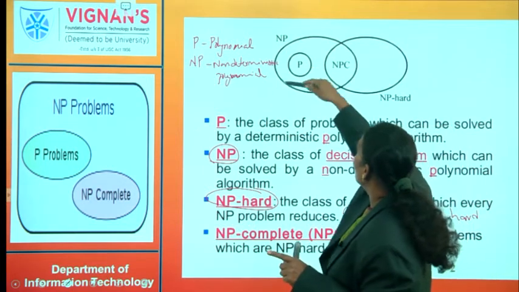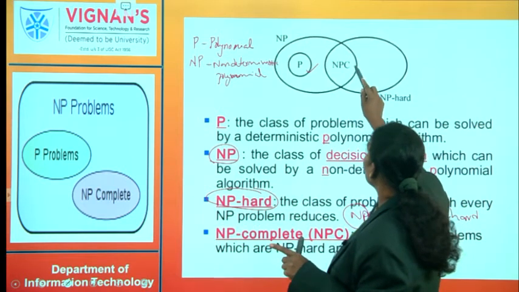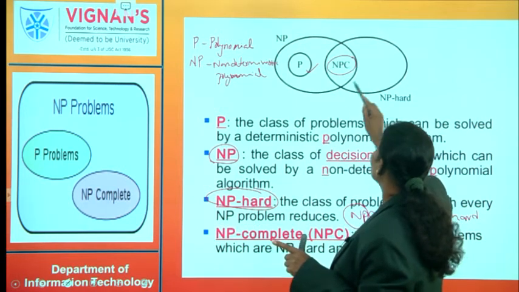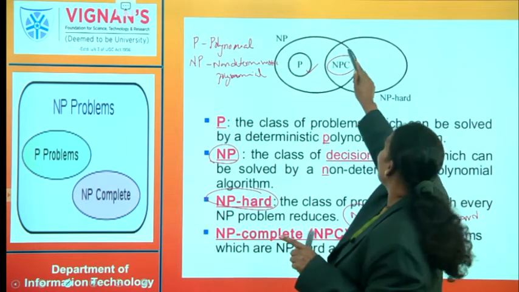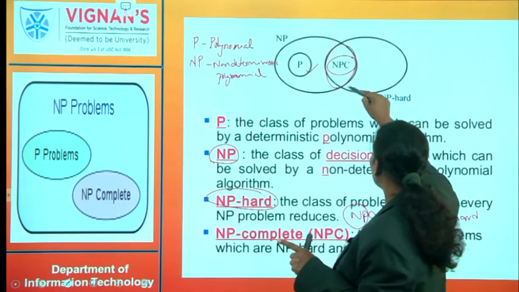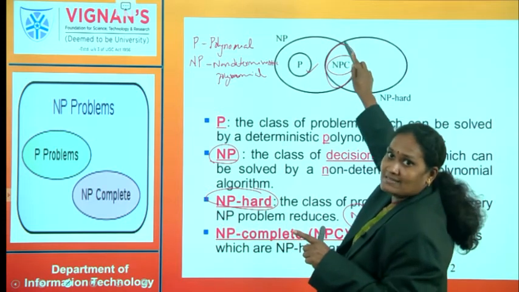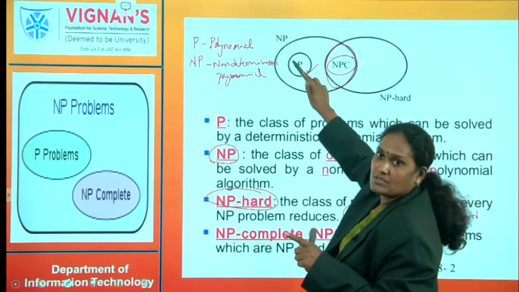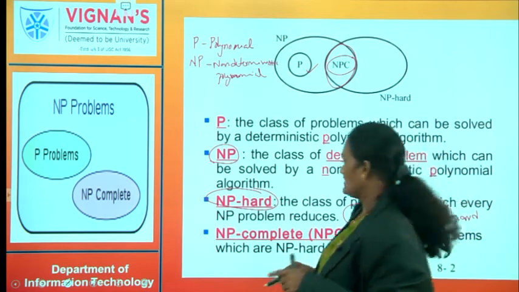Some problems within NP may become P problems, and NP complete means the NP hard problems which become NP are called NP complete problems. These are NP hard problems, and they also become NP problems. Those problems are called NP complete problems.